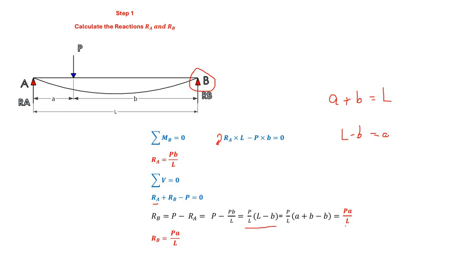So once you do that, you get RB equal to PA by L. So now I have calculated the reaction RA equal to PB by L and RB equal to PA by L. Now we are ready to find out the bending moment and also draw the bending moment diagram.